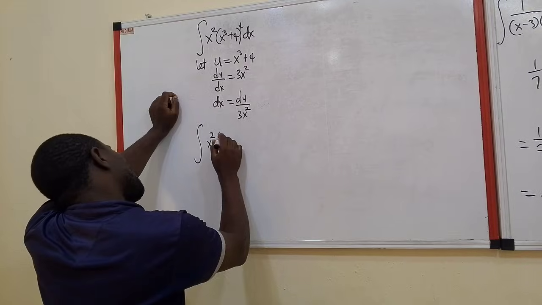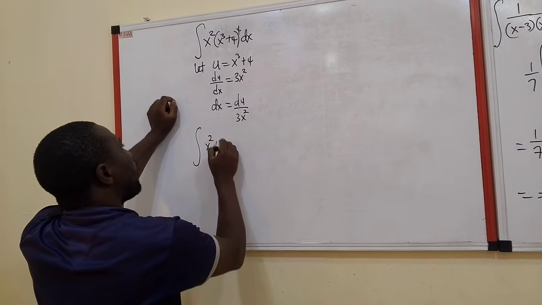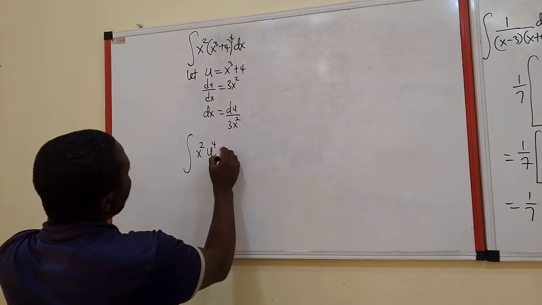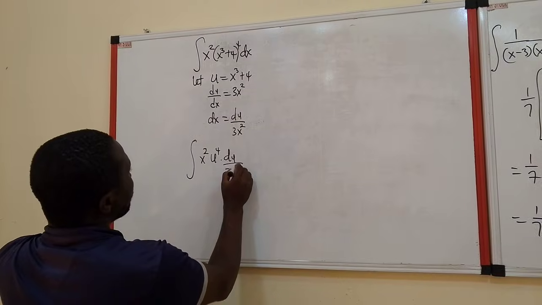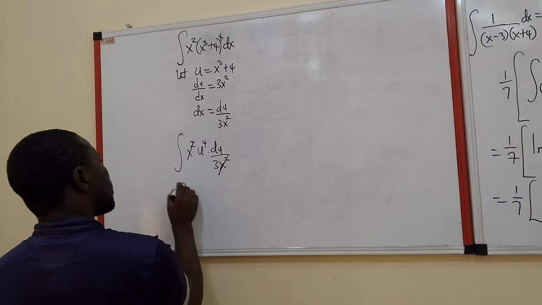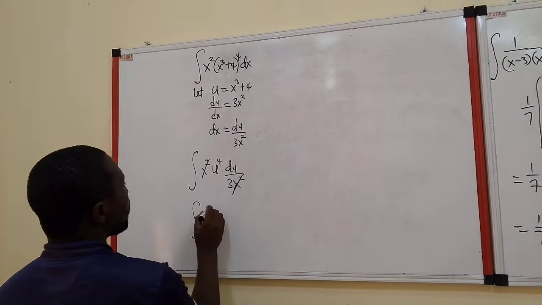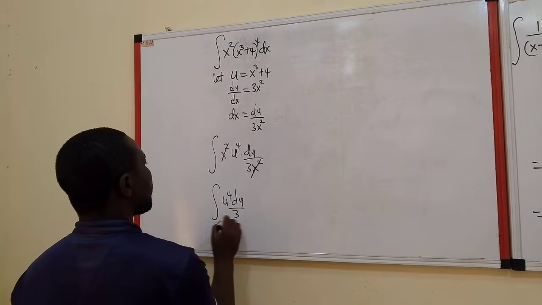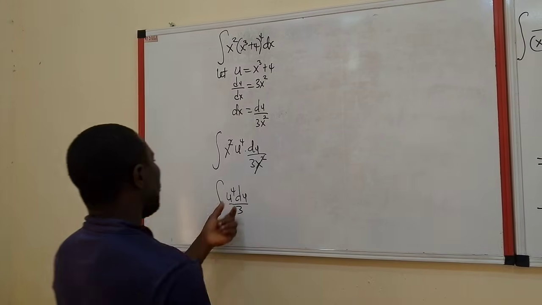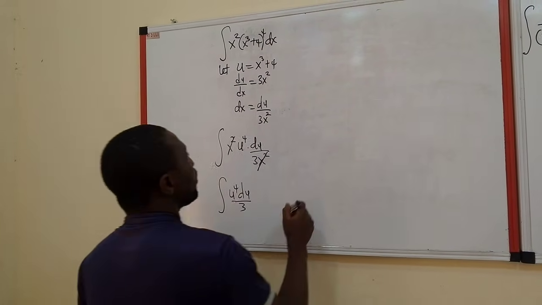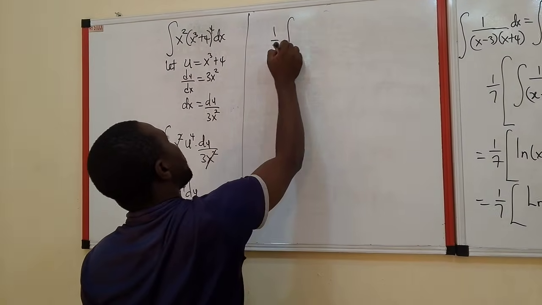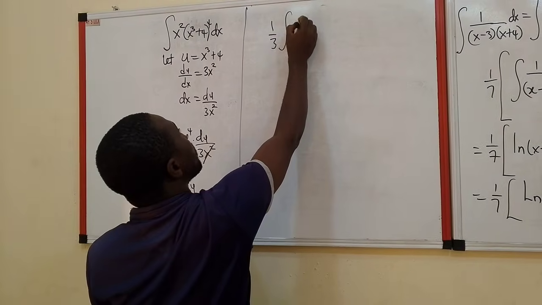So this will now become u raised to the power of 4, dx. Dx now is du over 3x squared. We cancel out x squared. We are left with the integral of u raised to 4 du over 3. This is what is left. You bring out the 1 over 3 outside the integral. I have 1 over 3, the integral of u raised to 4 du.